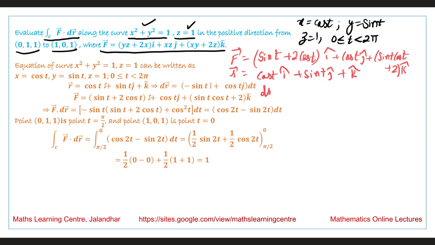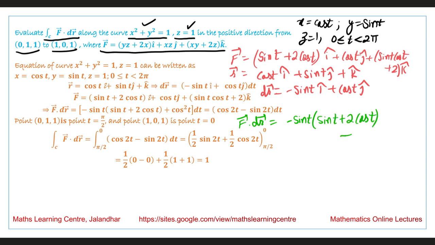So the value of dr vector we have is equal to minus sin t i cap plus cos t j cap. Now we have to calculate the value of f vector dot dr vector. That is equal to minus sin t into sin t plus 2 cos t plus cos^2 t dt.